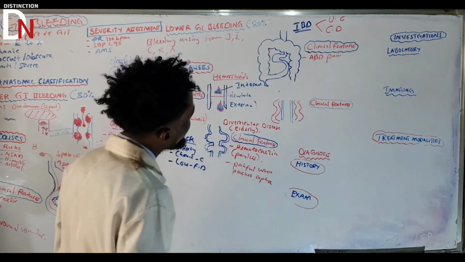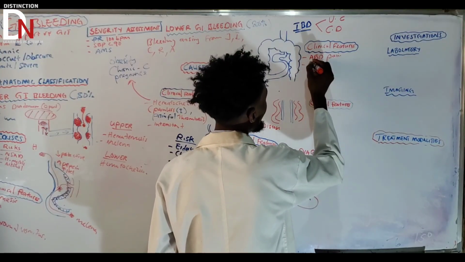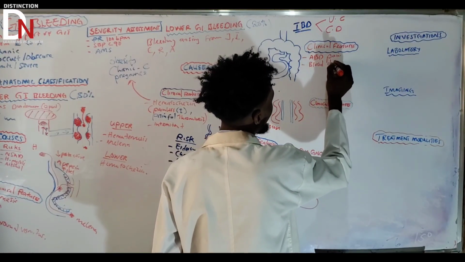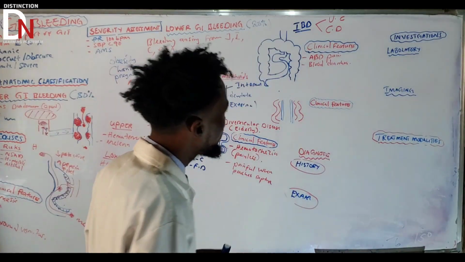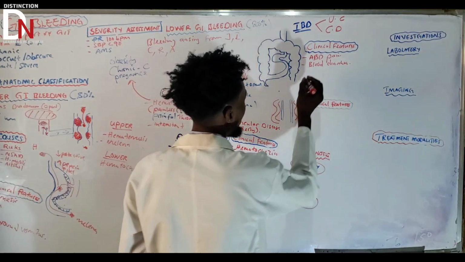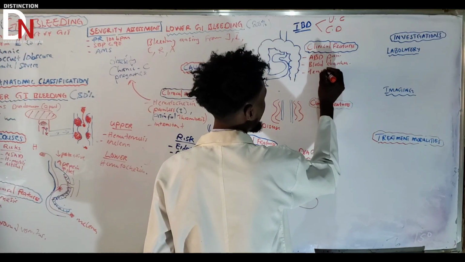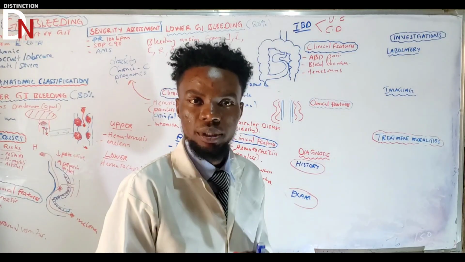What else? The other important clinical feature is bloody diarrhea, very, very important, associated with abdominal pain. They are also going to have tenesmus, basically that sensation of incomplete defecation.